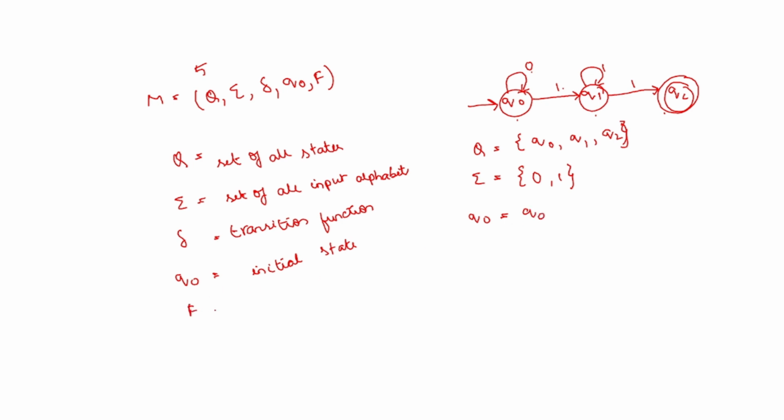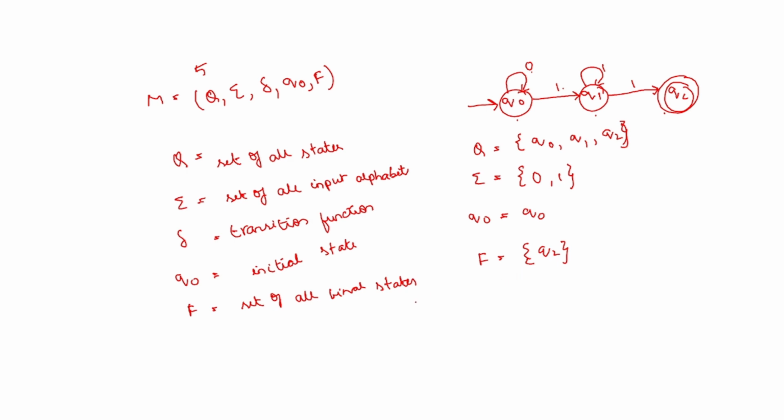And the last one is F, which stands for the set of all final states. So what all final states do we have here? We have only q2, so F is {q2}.